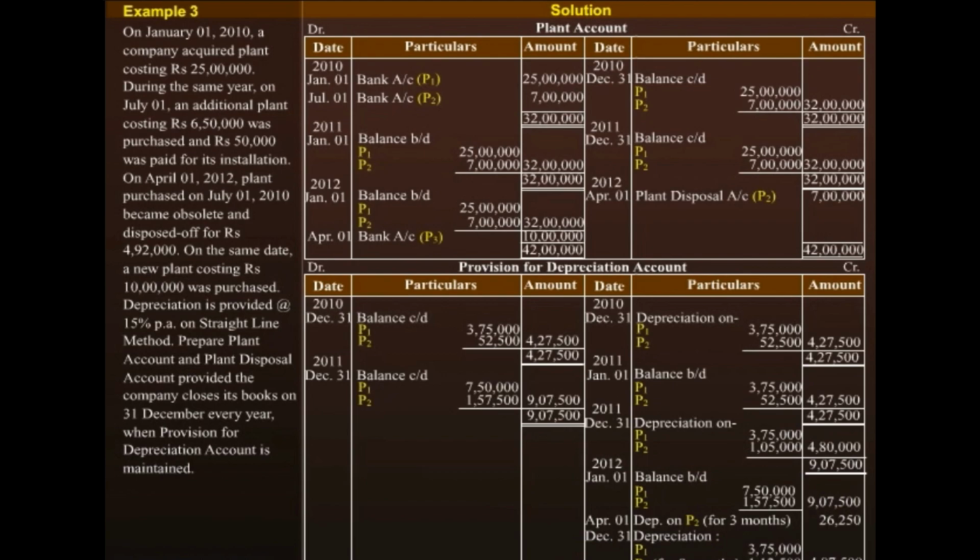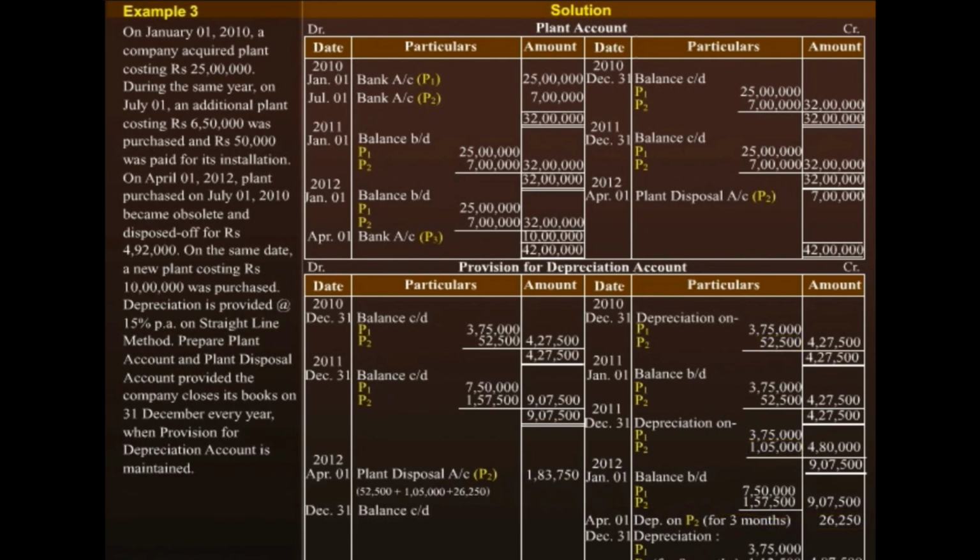In the provision for depreciation account, first on April 1st, 2012, plant disposal account of P2 is debited with 1,83,750. This amount is the sum total of all the depreciation amount, that is, this 52,500 plus this 1,05,000 and lastly depreciation of 26,250 for 3 months.